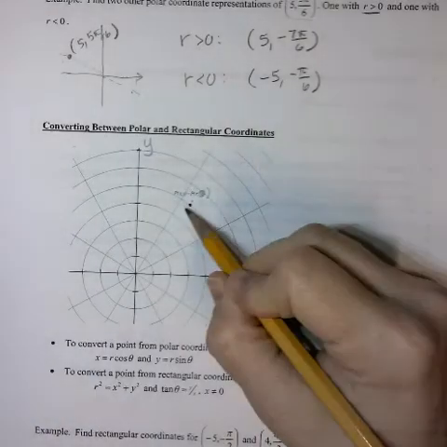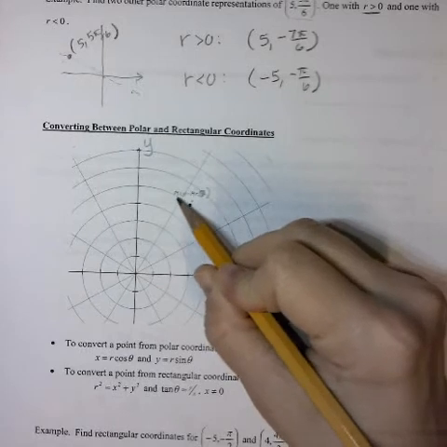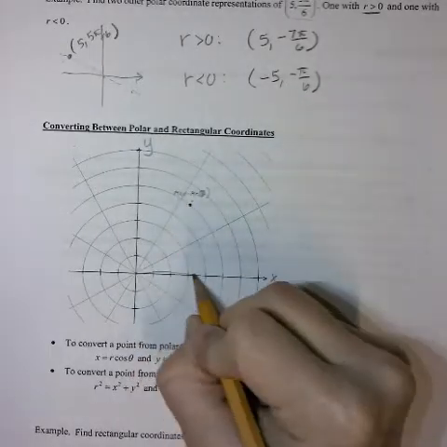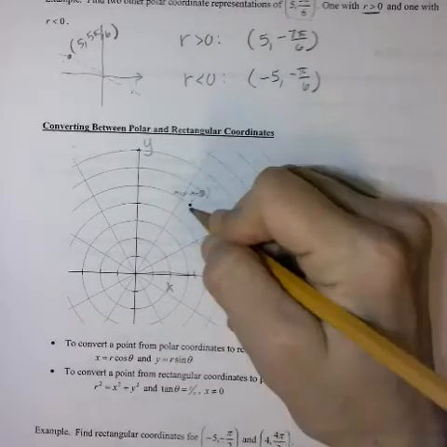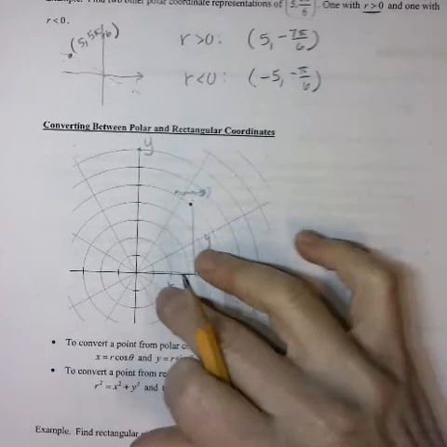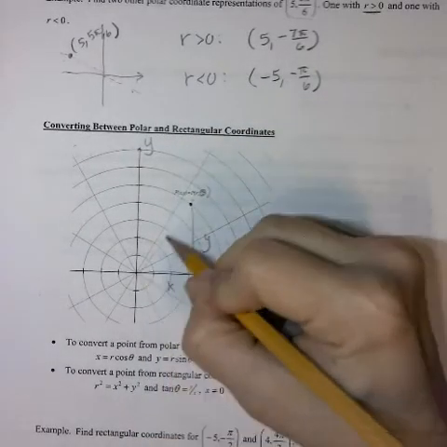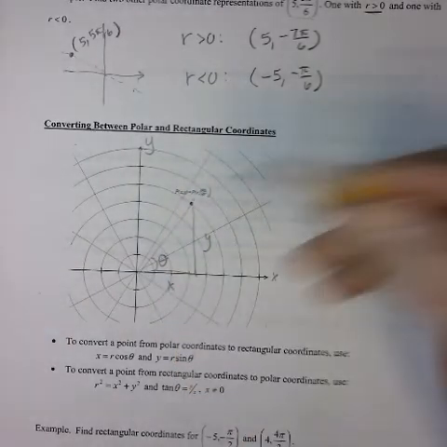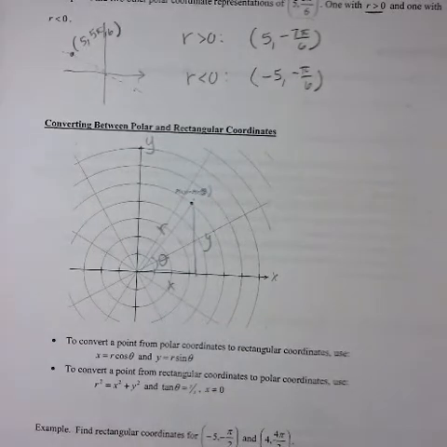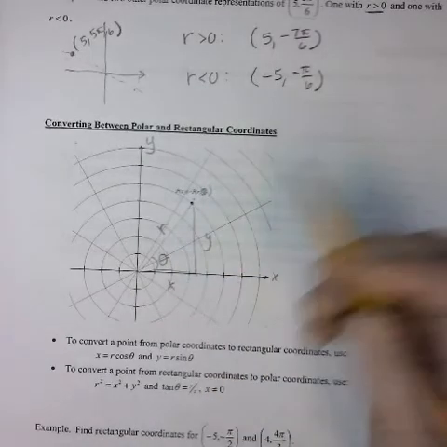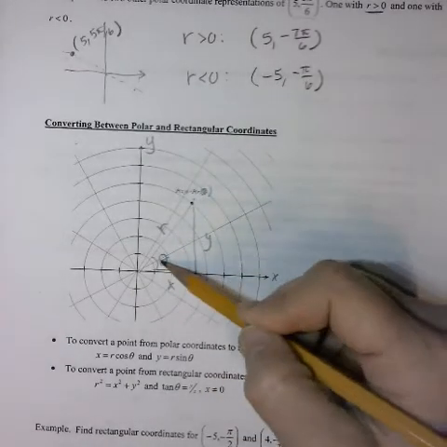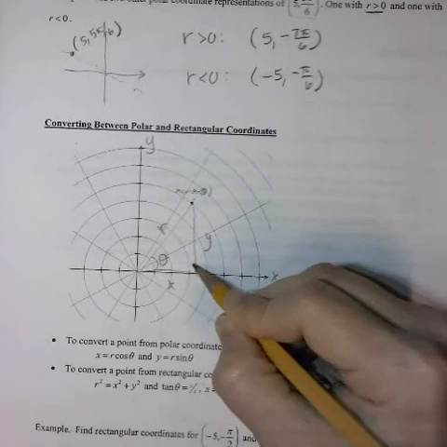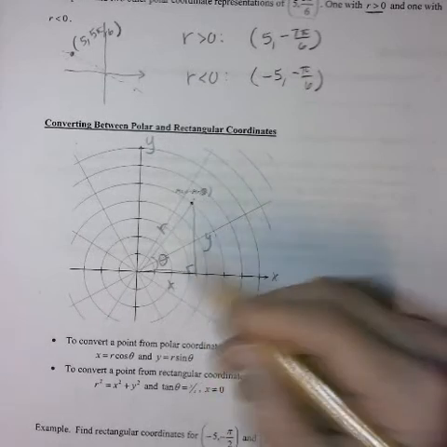So to convert back and forth, say we know x and y, and this is theta, and this is r, we can just use trigonometry to derive formulas to convert back and forth between the two. So it depends, do we know r and theta or do we know x and y? If we know r and theta, we should be able to find x and y. And if we know x and y, we should be able to find r and theta.